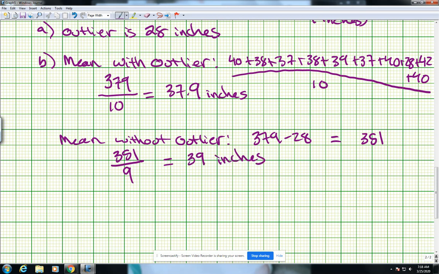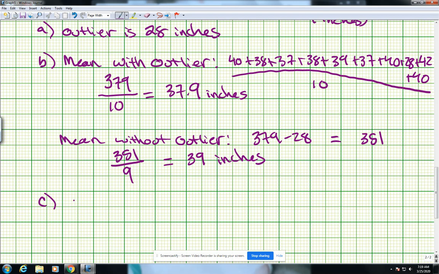So we just found our mean with our outlier and got 37.9. Our mean without is 39. So that is a difference. There is some sort of difference there. And so C is asking us to describe how the outlier affects the mean. Well, with the outlier, our number is a little bit lower. Without the outlier, it's a little bit higher.